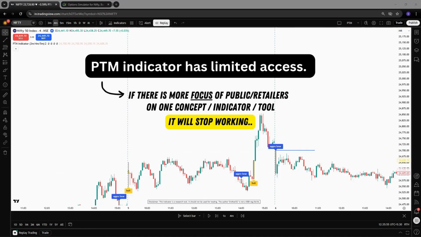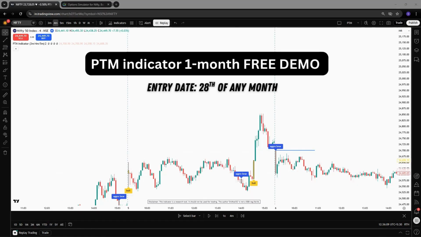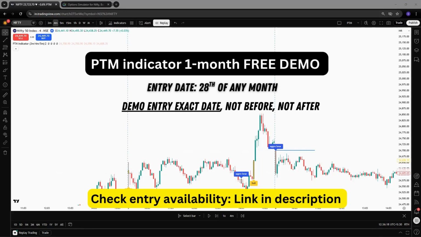So right now this indicator is only available for a handful of limited people, those who want to take a subscription. Demo is available for anyone who wants to learn. No issues with that. Subscription is very limited. So the demo date is the 28th of any month. On that day, not before, not after, ping me on WhatsApp.